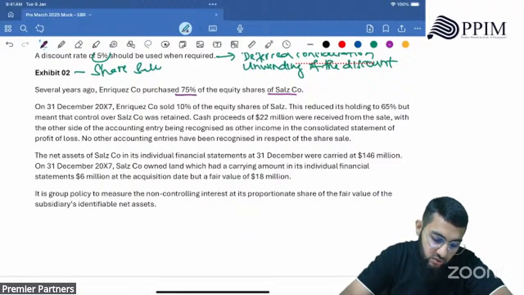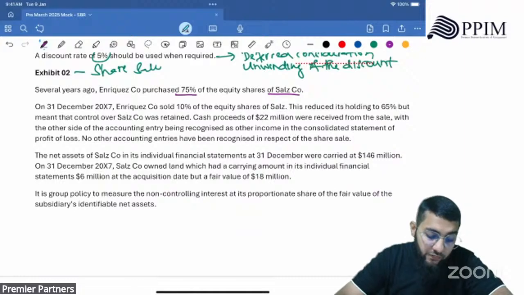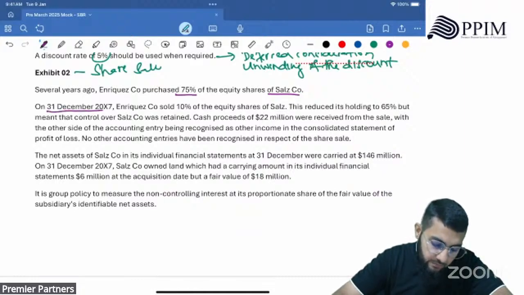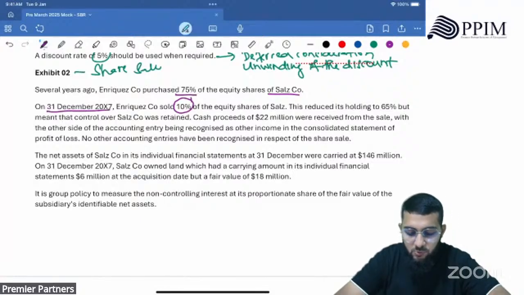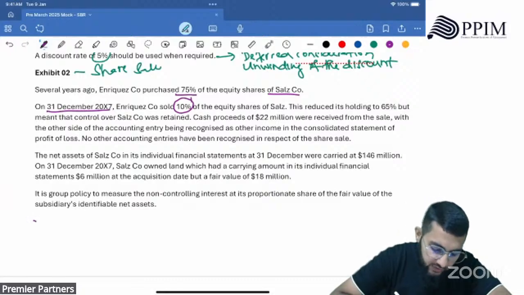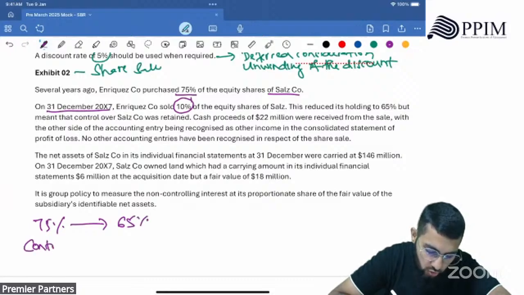On 31st December 2027, Enriquez Co. sold 10% of the equity shares of Salesco. Now that's a part disposal, not a complete disposal, 75% to 65%. So this is a control to control scenario.